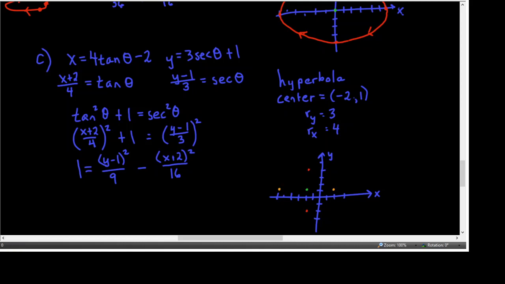And then I'm going to draw the box for the hyperbola. Or for the ellipse, we draw the ellipse through those 4 points. But we're drawing the box where those 4 points are the midpoints of the sides of the rectangle. Then we draw the diagonals of that box, which end up being the asymptotes for the curve.